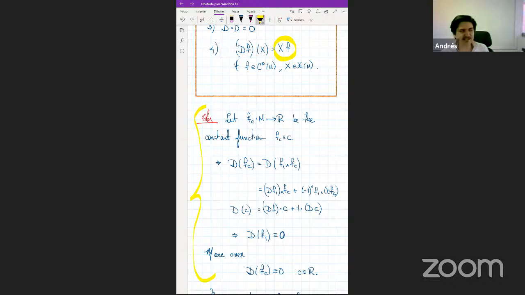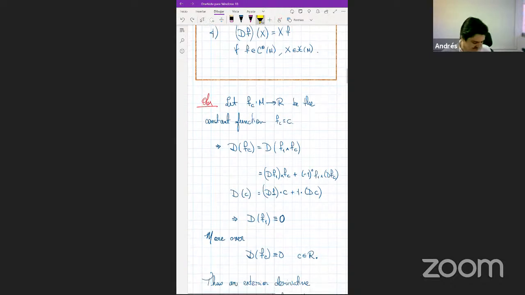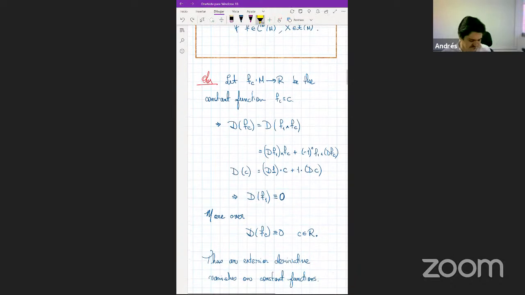And it is exactly the same argument. Great. So the exterior derivative vanishes on constant functions. Any questions?